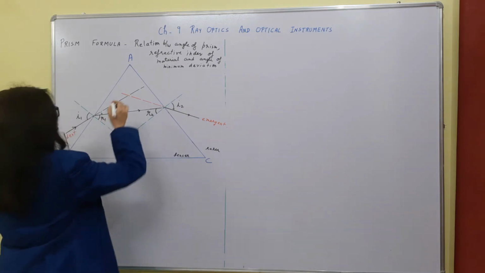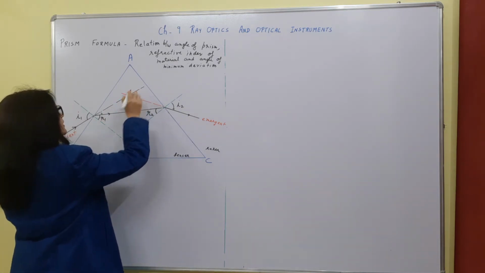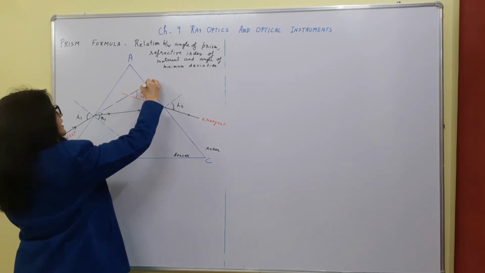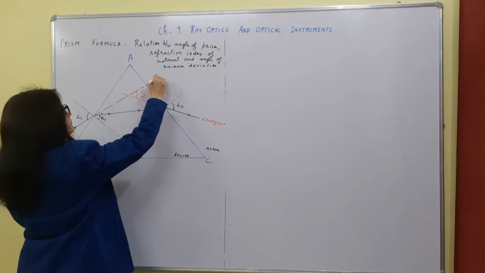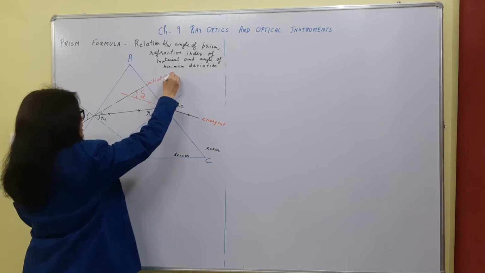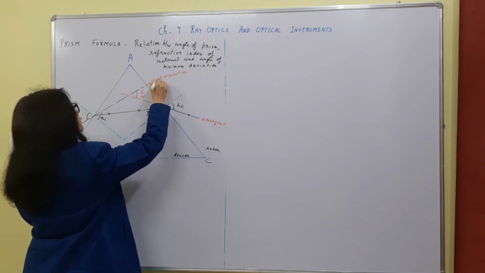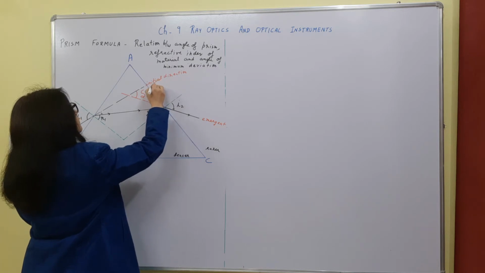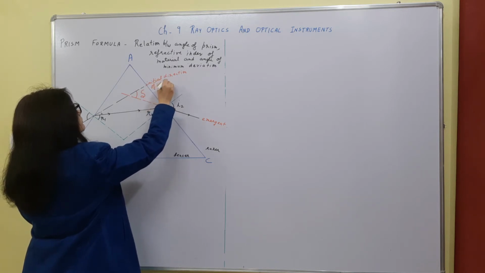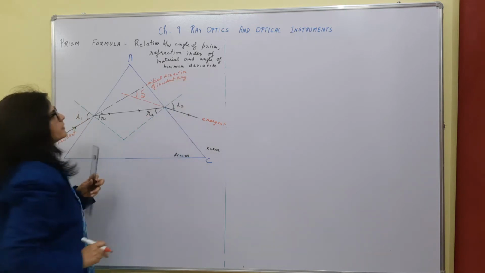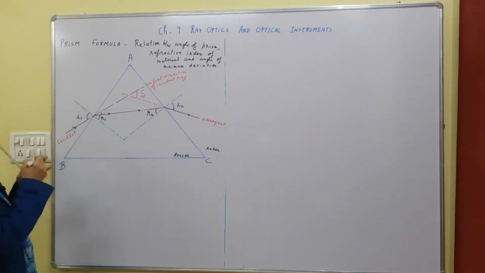So as I just told you, the angle of deviation is the angle between the initial direction of the incident ray and the emergent ray, right? So it is very much clear in the figure.